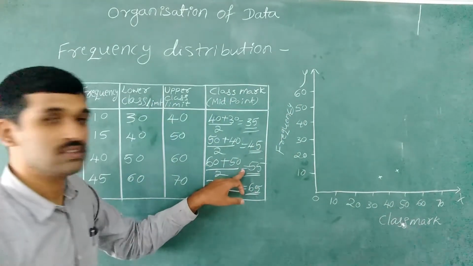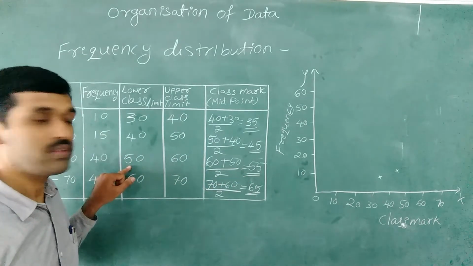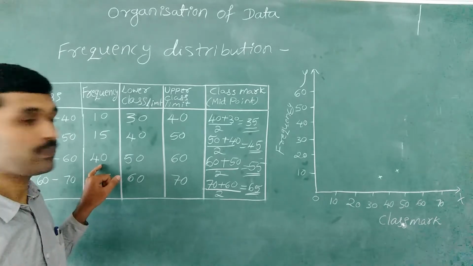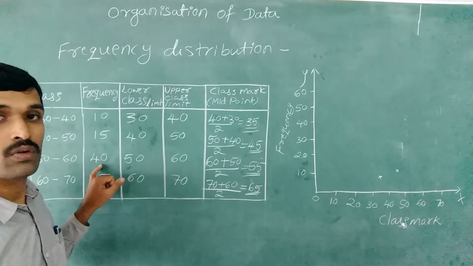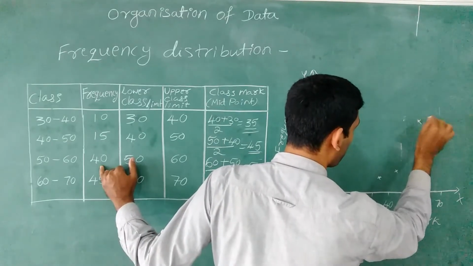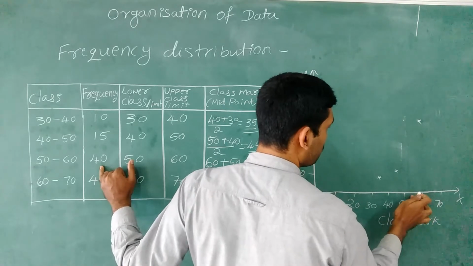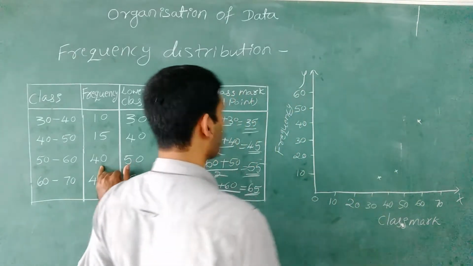And next one is class midpoint 55 and frequency is 40. Then we need to mark here. 55 is here and 40.